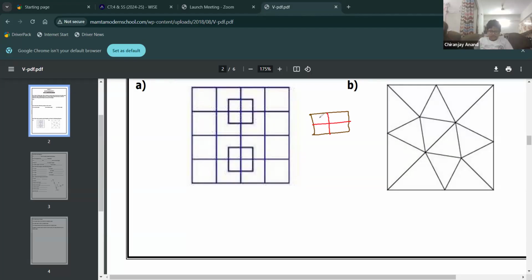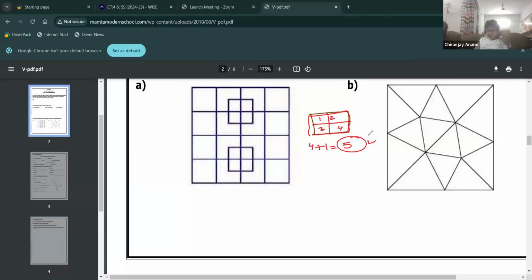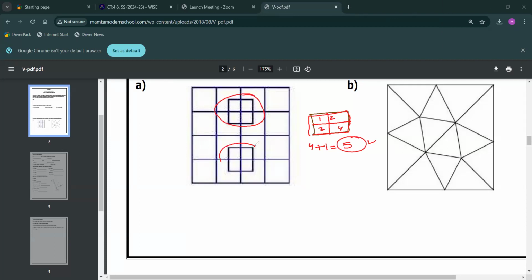Yes, ma'am. So 1, 2, 3, 4, 4 squares plus 1. This is the bigger square. So 4 plus 1 will be equal to 5. How many are there? 5. Understood this thing? Yes, ma'am. So now, children, see this smaller figure and this smaller figure. Both are containing 5 squares, right? Yes, ma'am.